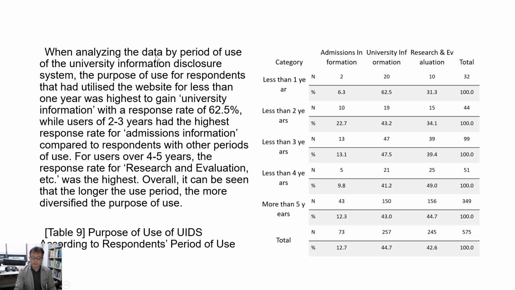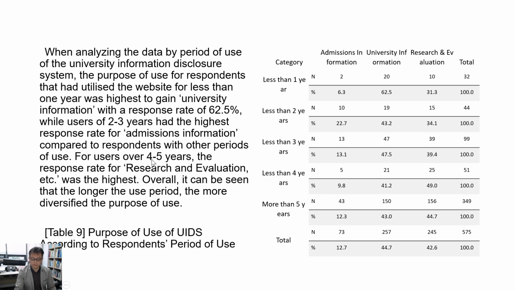When analyzing the data by period of use of the university information disclosure system, the purpose of use for respondents that had utilized the website for less than 1 year was highest to gain university information with a response rate of 62.5%, while users of 2 or 3 years had the highest response rate for admission information compared to respondents with other periods of use.